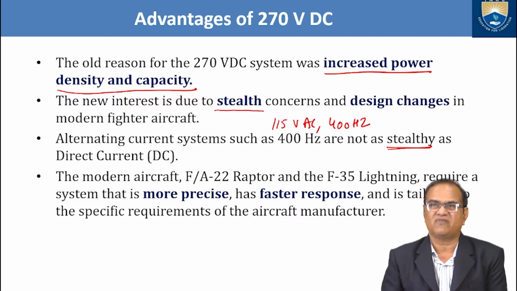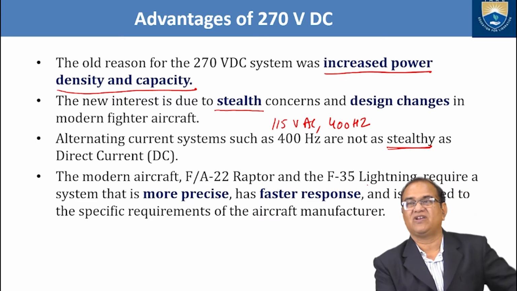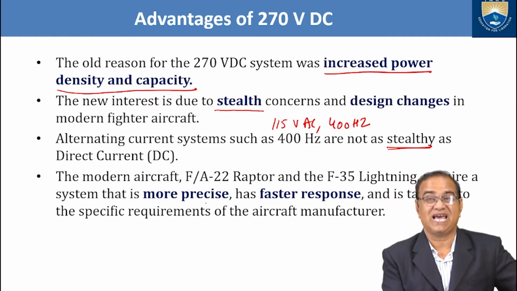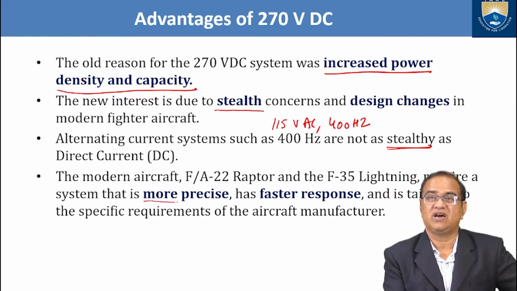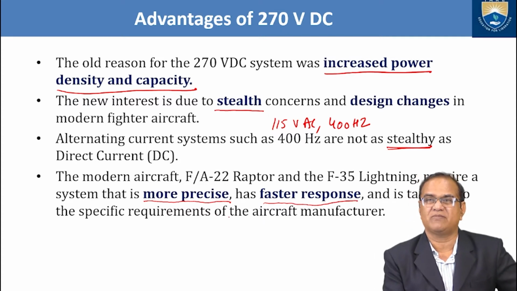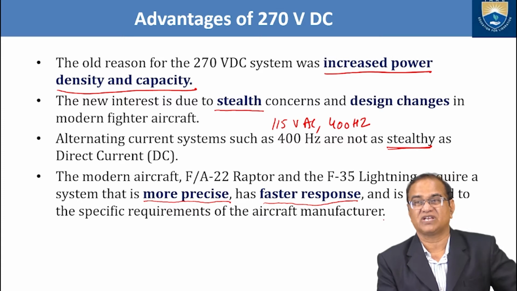Modern aircraft like the F-22 Raptor and the F-35 Lightning require a system that is more precise. These two aircraft have a very precise system with a faster response, tailored to the specific requirements of the aircraft manufacturer.